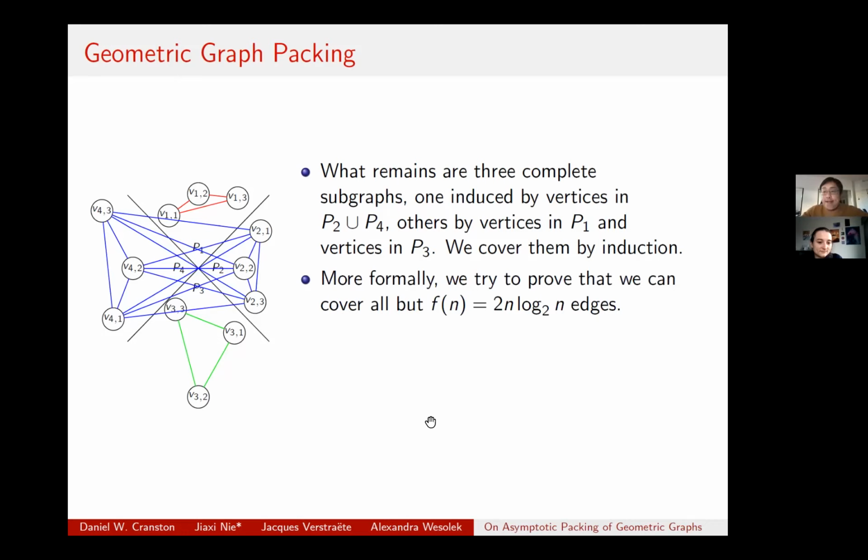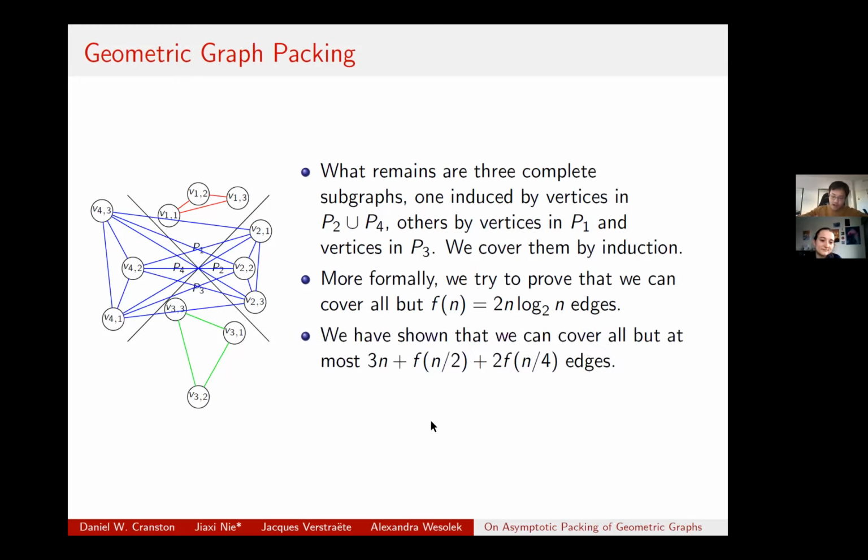More formally, we try to prove that we can cover all but f of n, which equals 2n times log 2 of n, edges. What we have proved is that for those edges we covered in step 1, we cover all of them but at most 3n.